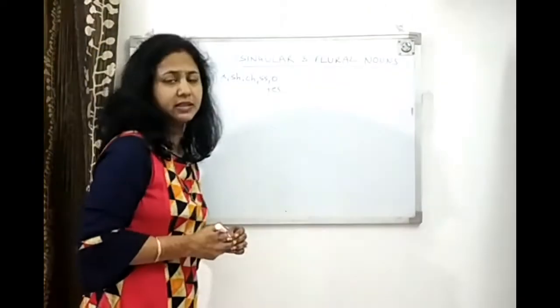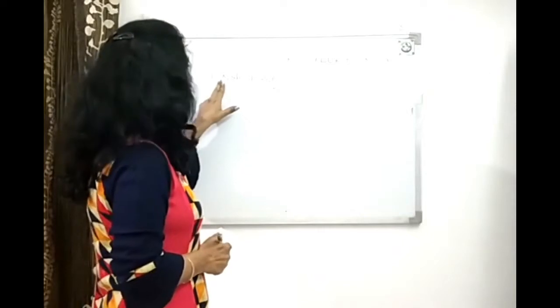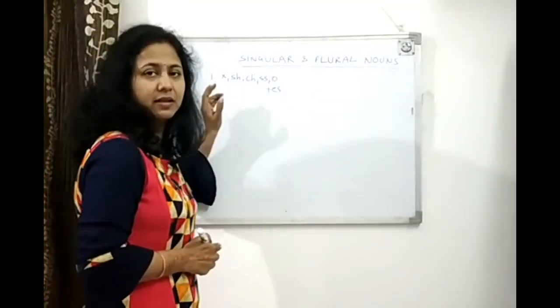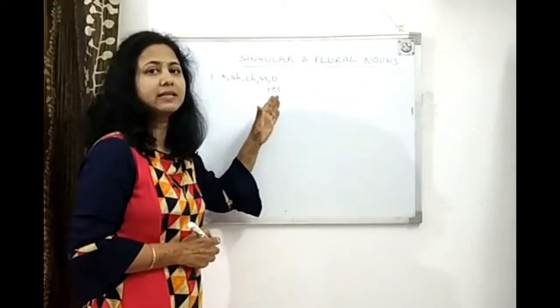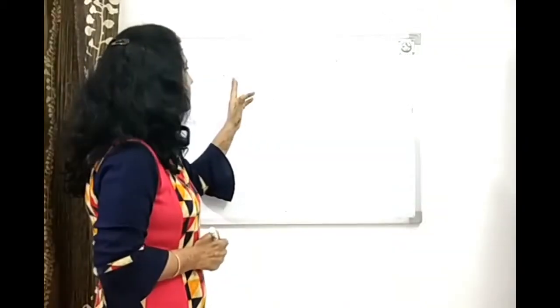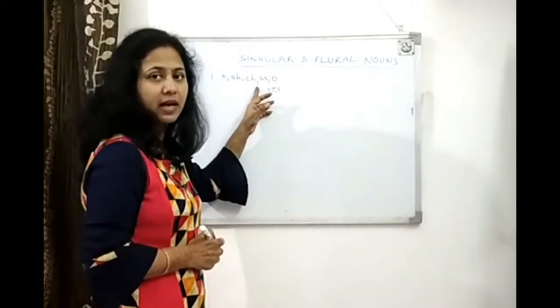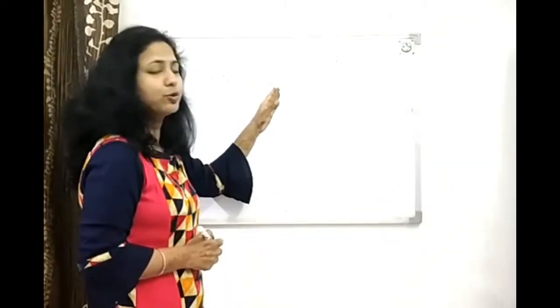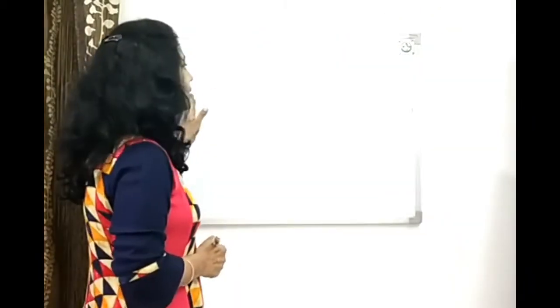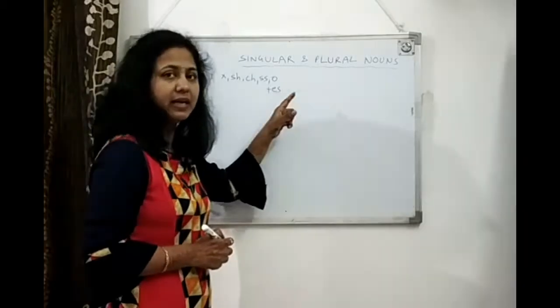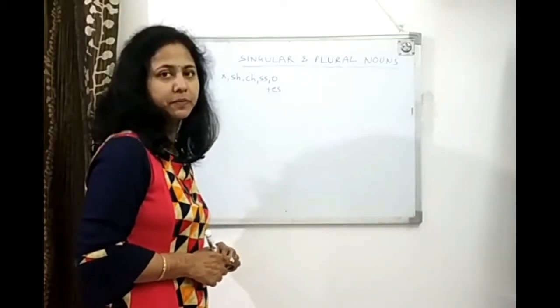Examples of this category are box. Plural is boxes. Brush, church, glass, class, potato, tomato. In all these words, we add es to make the word plural.